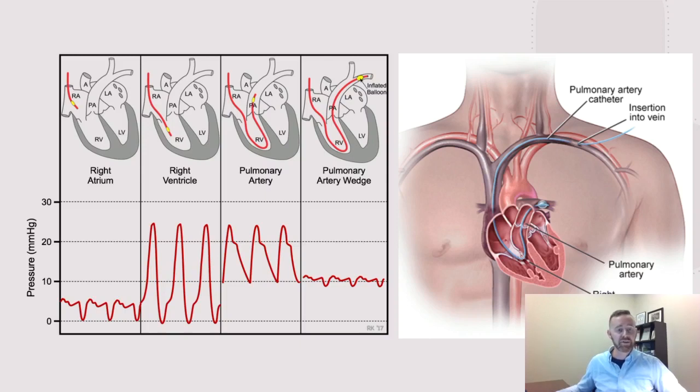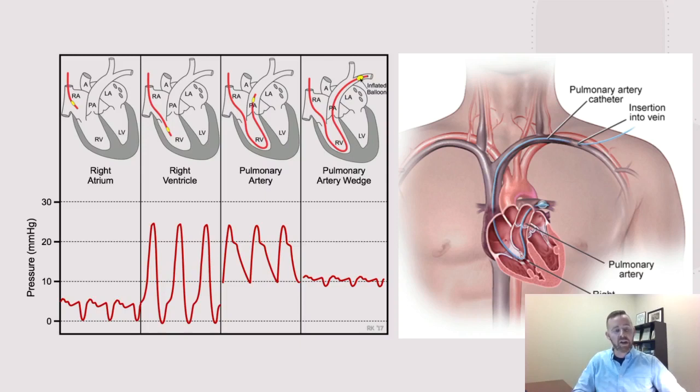There's a temperature sensor on the end of this catheter, and so you inject cold saline into one of the ports, and then it calculates how fast that cold saline moves past that temperature sensor, and you can calculate a cardiac output and then of course a cardiac index if you know your patient's body surface area. You can also do temperature monitoring centrally with this catheter as well.